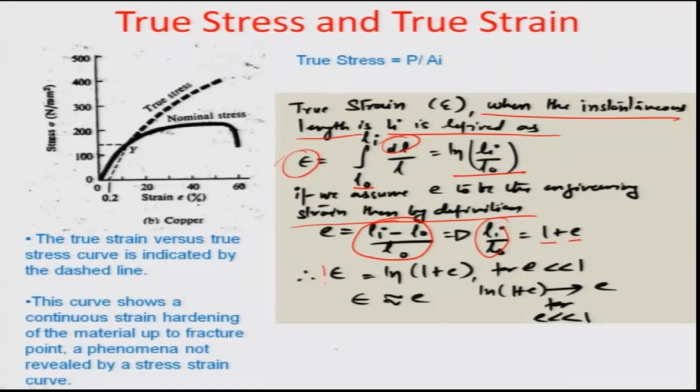And so the relationship that finally exists between the true strain epsilon and the engineering strain is that true strain is equal to the natural log of 1 plus the engineering strain.